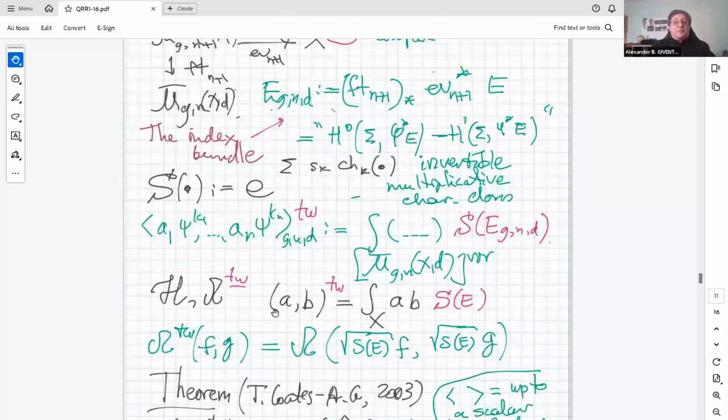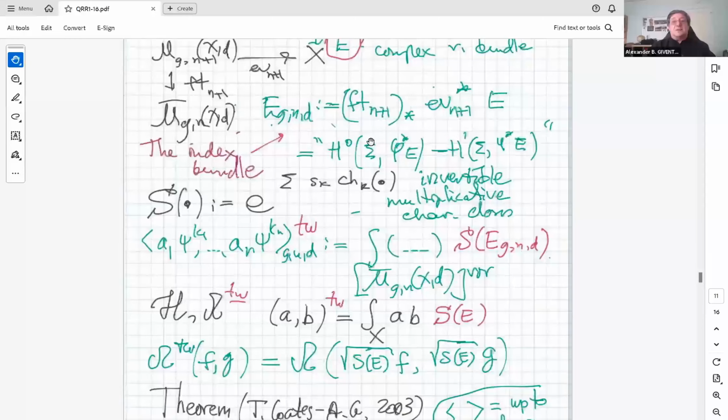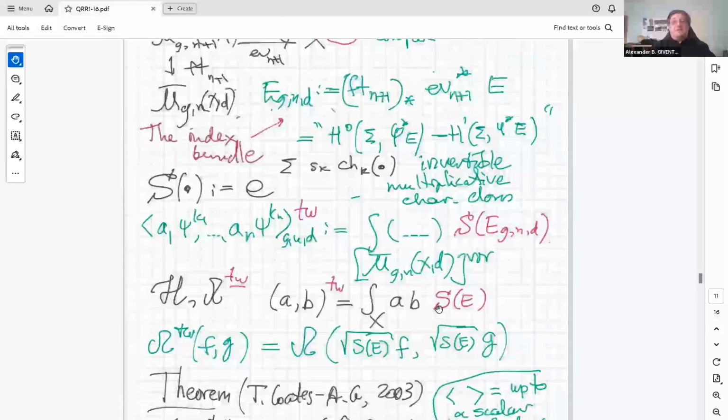Namely, the Poincare pairing that defines the symplectic structure on that symplectic loop space should now also be twisted to be systematic. So you need to insert that characteristic class of E into the integral over X, which defines the Poincare pairing.